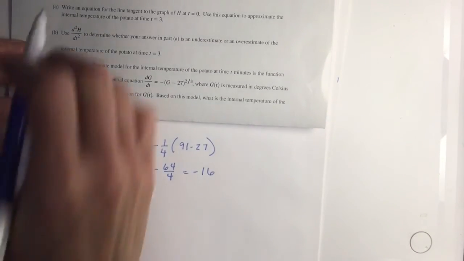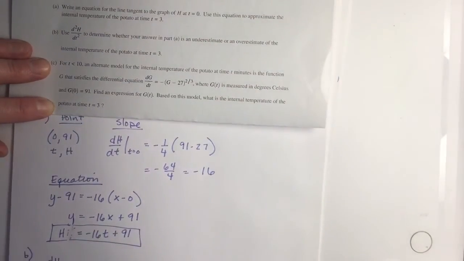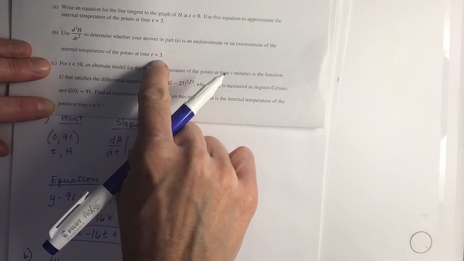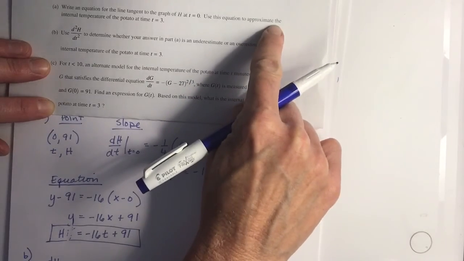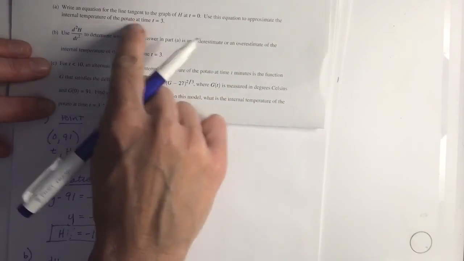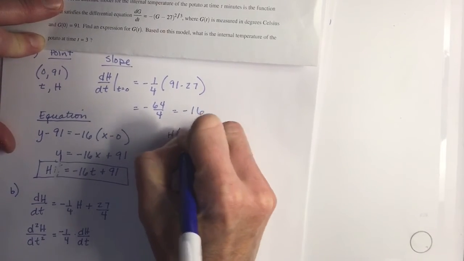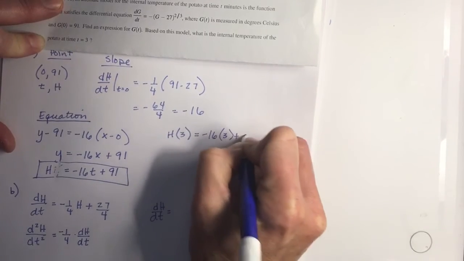Here we go. Write an equation for the line tangent at t equals 0. I did that. Now I have to plug in t. I need to do the second part: use this equation to approximate the internal temperature of the potato. So h of 3 is equal to negative 16 times 3 plus 91.